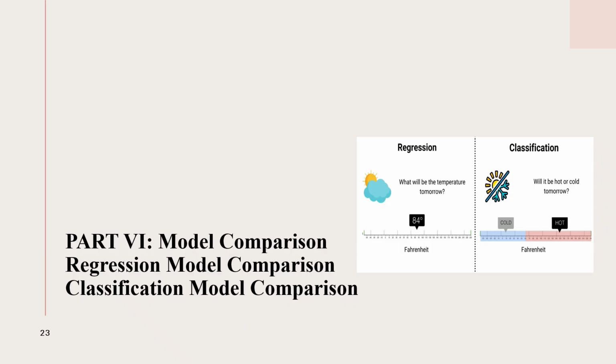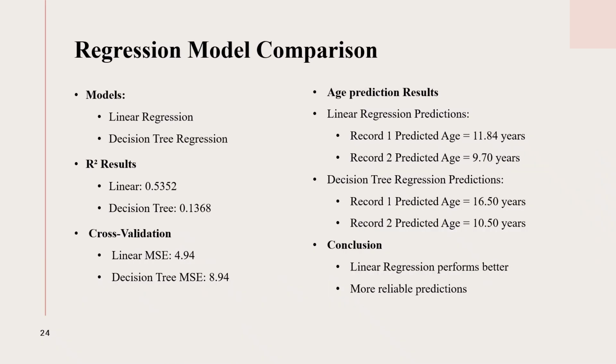So this was just information about regression and classification. But now, based on this understanding, let's compare the models used in this project. In this section, two regression models were compared, linear regression and decision tree regression, using the Avalon dataset.